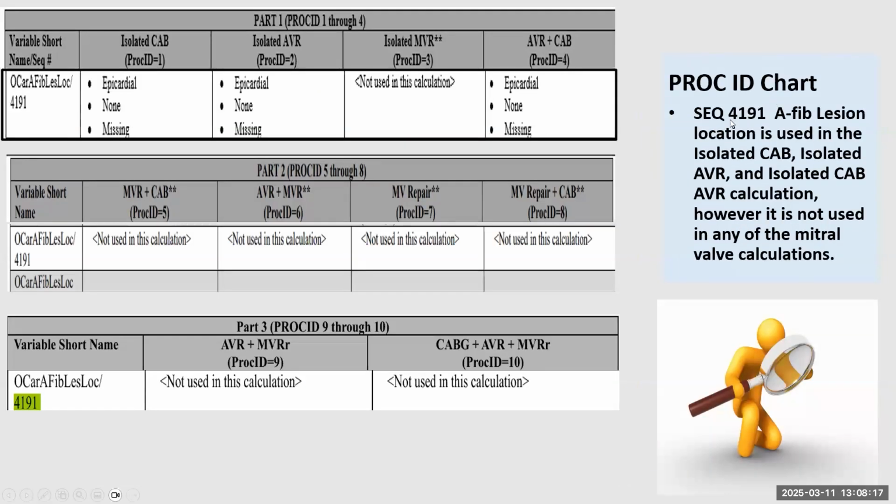Okay, so sequence 4191. This is just a tidbit of information because I get lots of questions about this. This is your AFib lesion location. You will notice that it's used in the isolated CAB, the isolated ABR, the ABR plus CAB. It's used in these three, but it's not used in any of the other calculations.